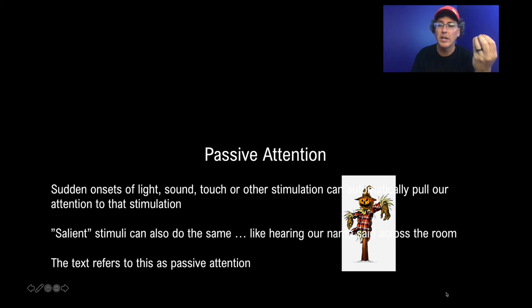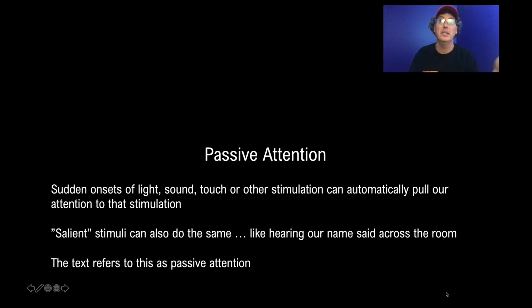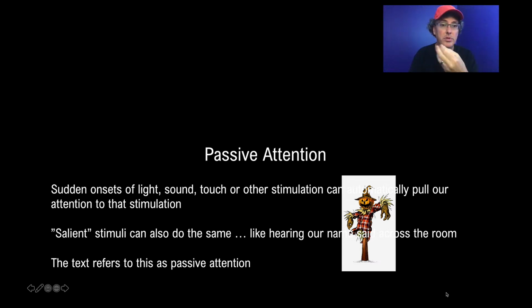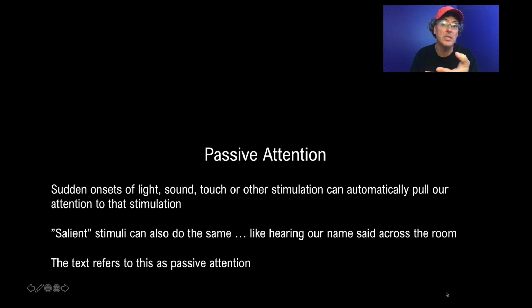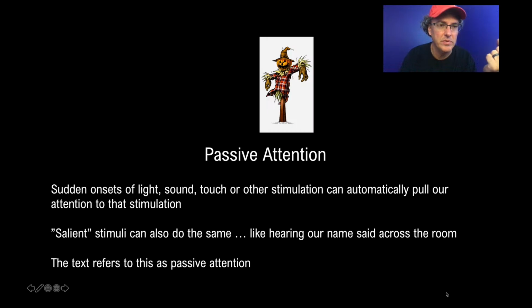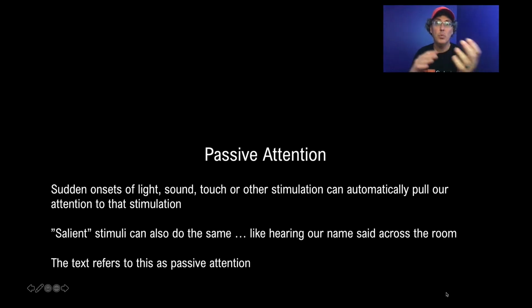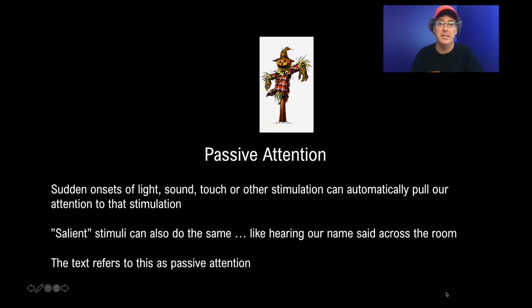And if you're driving in a car, and suddenly some kid just pops out in front of you, that pulls your eye to that, which is good, right? Because often these sudden changes in the environment signal something important. Like, hey, there's a child in your path that isn't normally there. Something has suddenly appeared and deserves your attention. And so this is one of the ways our mind gets pulled to things.